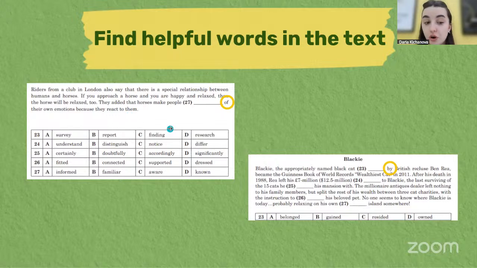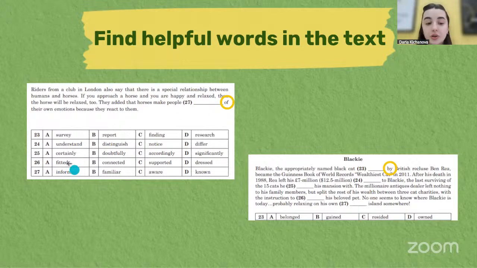And we have four options: informed, familiar, aware, and known. So let's think about what we can use here. If we are talking about these four variants and we are paying attention to the word of, we can already cross out some variants.